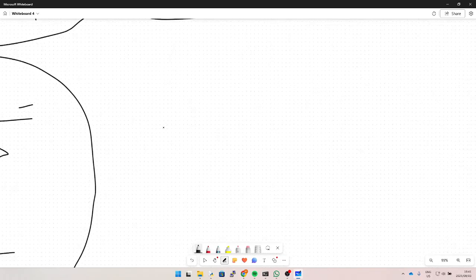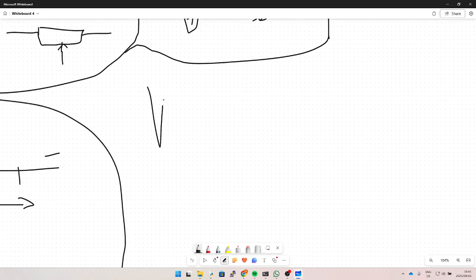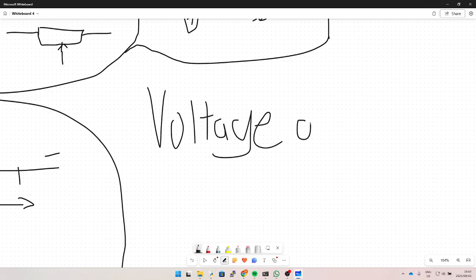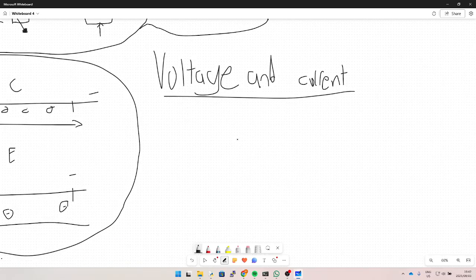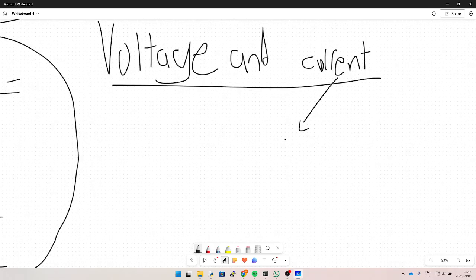Then, next, we got voltage and current. Now, current is how quick the thing flows.